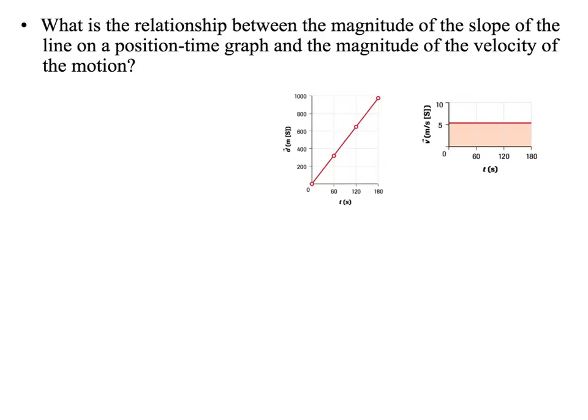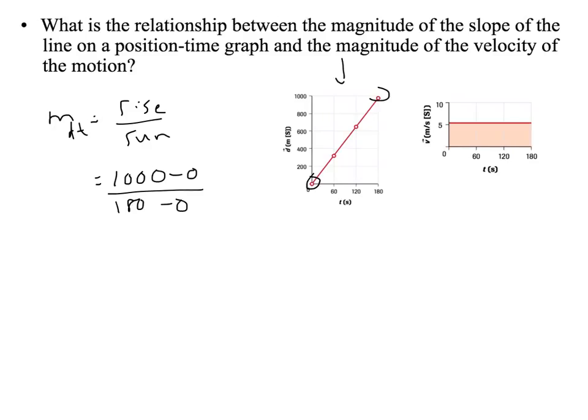Okay, let's take a look at the slope of our dt graph, the one on the left, right here. So if we look at rise over run, and let's take that point and that point because it's easy. So we'll say we have a rise of about 1,000 minus 0 over 180 minus 0, which is of course just simply 1,000 over 180.